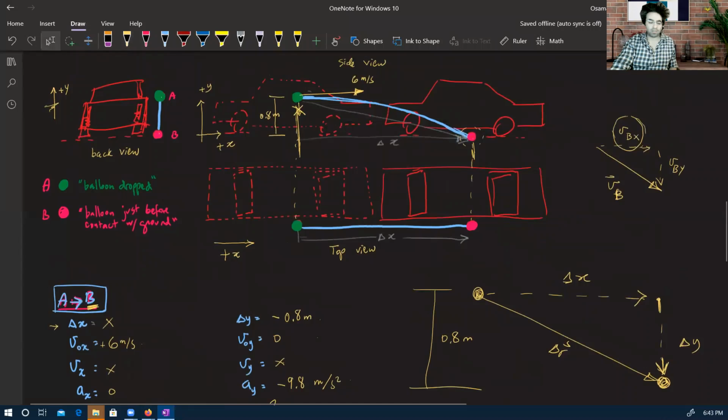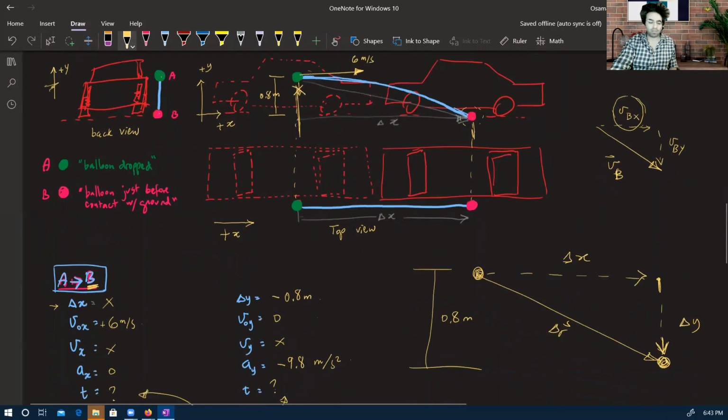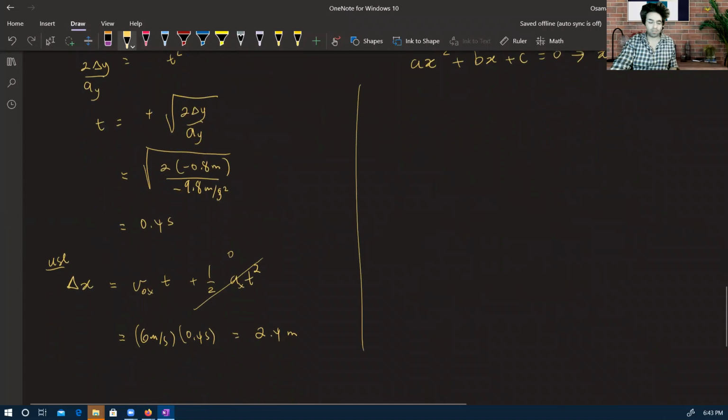Okay. Now you can ask some more questions. You can ask, well, how fast is the balloon going just before it hits the ground? We can calculate that. It's not being asked, but let's do it as a form of practice. So let's say for C, calculate the velocity of the balloon just before it hits the ground.